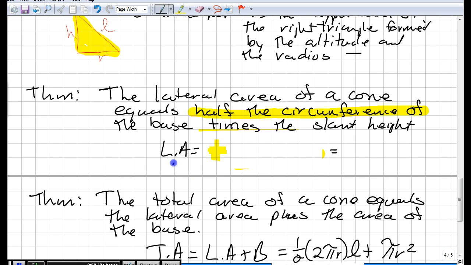So it's 1/2 times 2 pi r times L, or pi r L, okay?